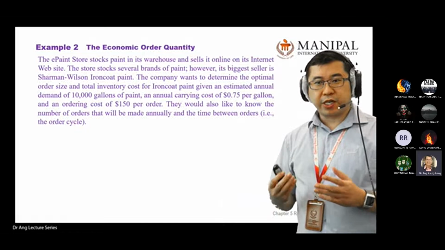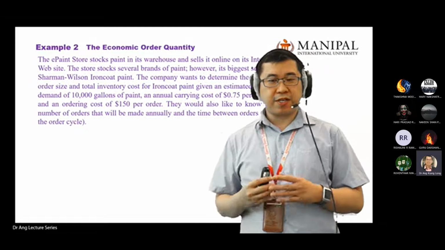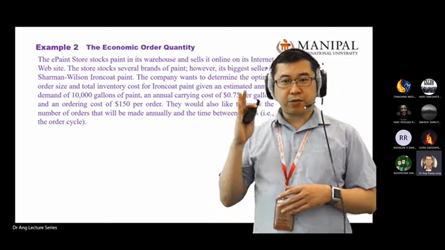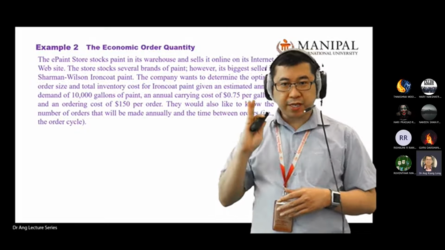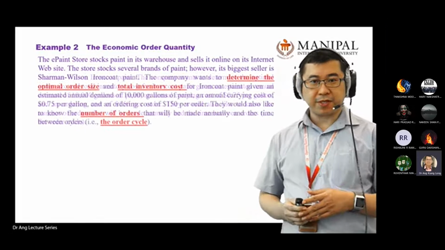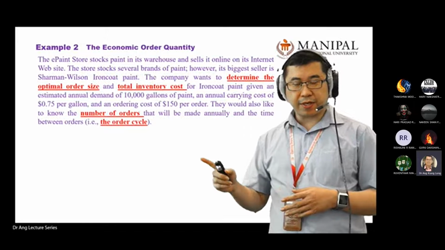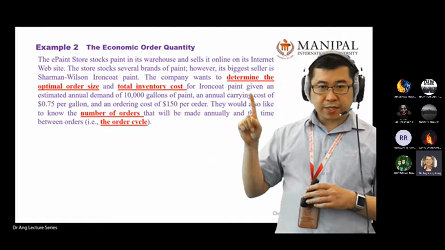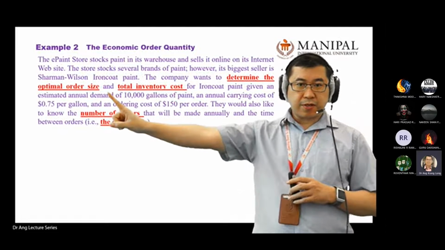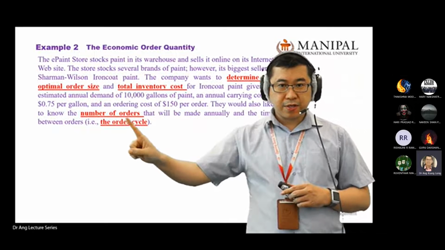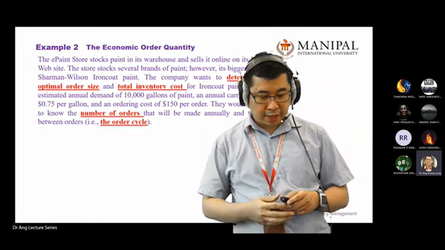To find the QOP is not difficult. As long as you know the information, by substitution you can already find the numbers. I highlight all the important keywords here: order size, inventory cost, number of orders, and the order cycle.